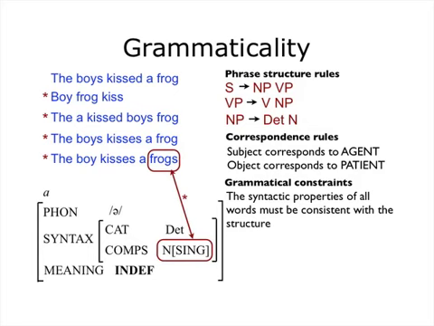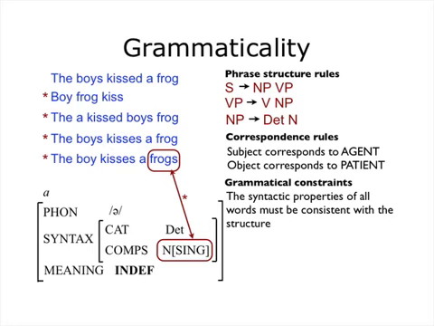Here, the boy kisses frogs is bad because now here we have to go and look at, I'm starting to maybe abbreviate things more and more here. So instead of saying complements because it's too long to write out, we say comps. That means I can have complements, maybe more than one, depending on what kind of word I am.